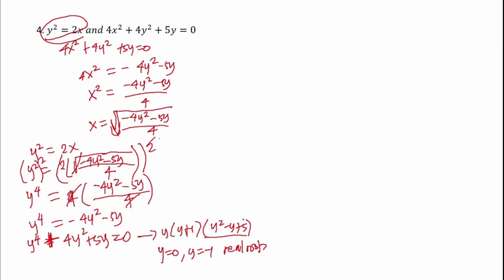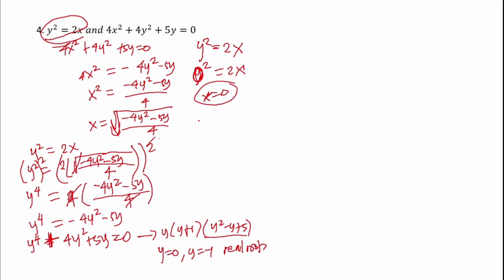Okay, so to find the value for our x, just simply substitute here into the simplest function. So y squared is equal to 2x. If y is equal to 0, 0 squared is equal to 2 times x, so x is equal to 0.